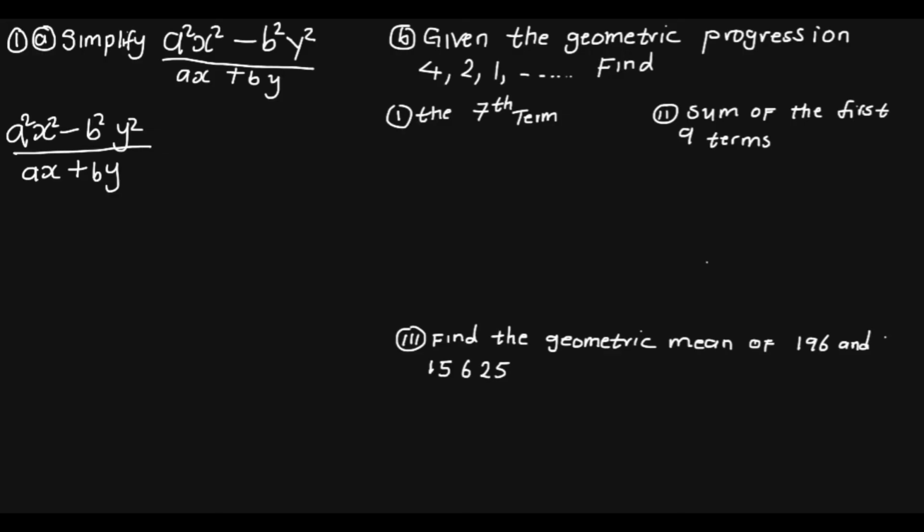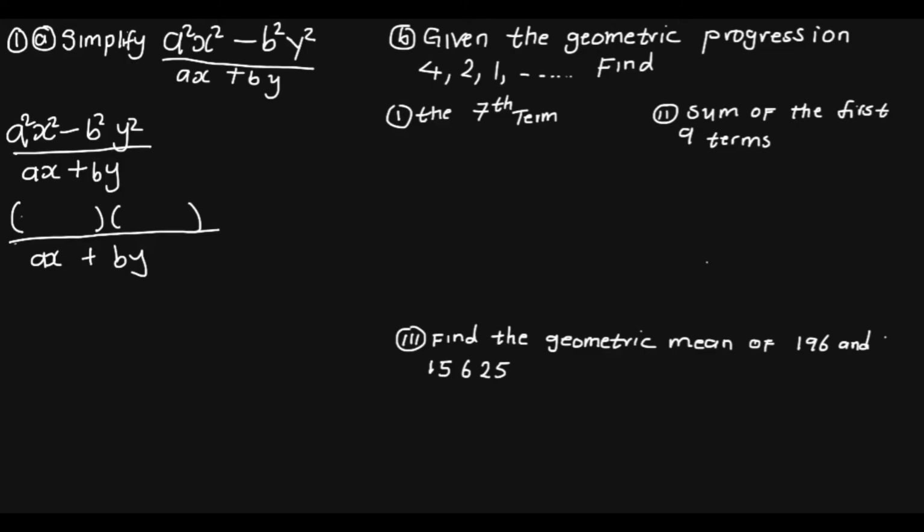So the first step is to write two pairs of brackets. Then we have two a's, two x's, two b's, and two y's, so we are going to separate them.